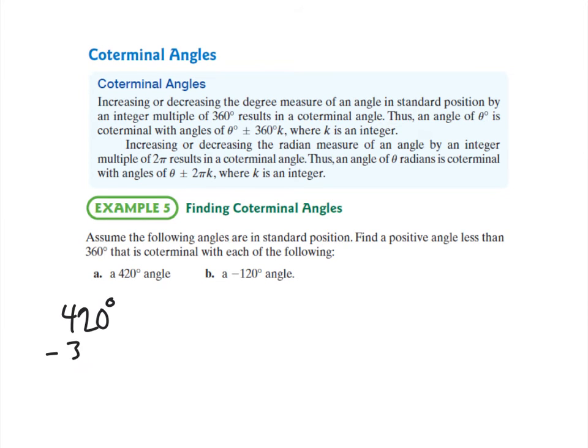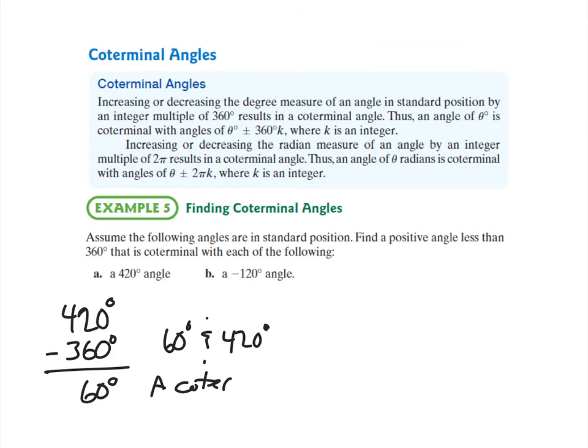So if I subtract 360 degrees, I get 60 degrees. So that tells me that 60 and 420 are coterminal.